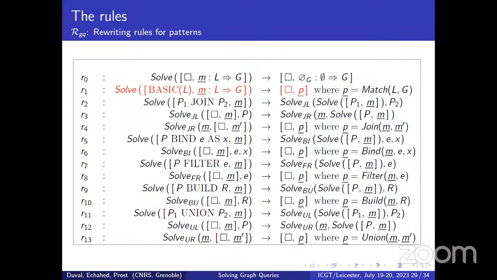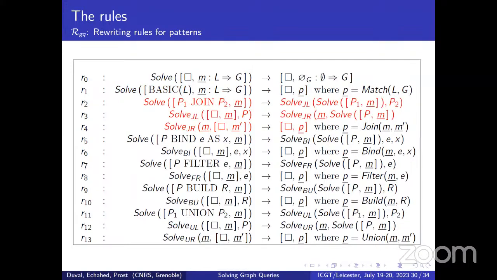Here, for basic L, if you have just L, and we know that the graph under consideration is G, we consider all the matches from L to G and put them as a result here and erase this one. Okay. So this is not a direct transformation, since we are looking for matches here, and L may contain variables, and here variables are unassociated.